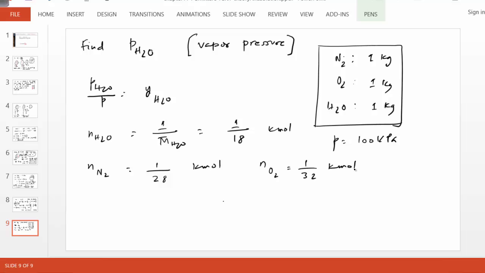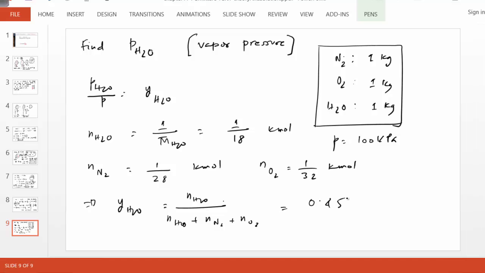And this gives us YH2O to be NH2O divided by the sum of all the partial moles, and that can be shown to be about 0.45.